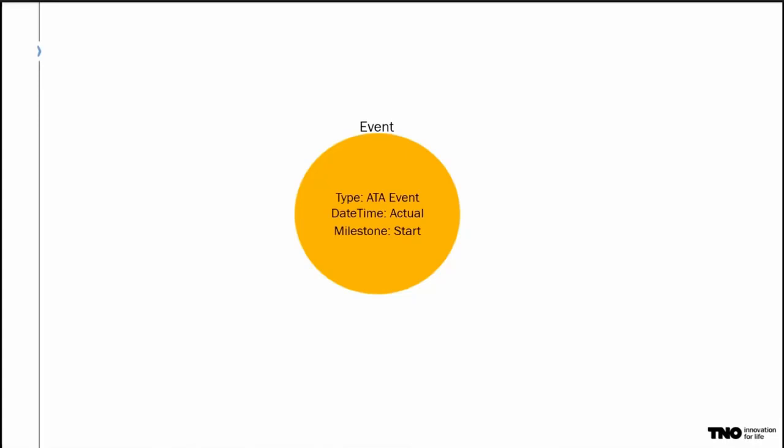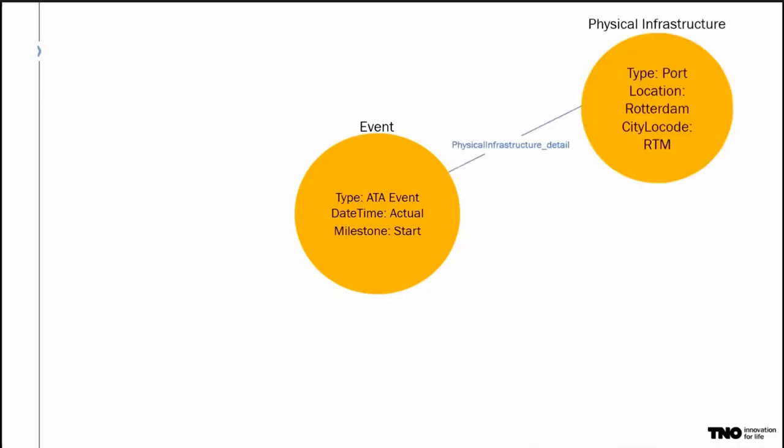But there are several objects in the domain that are associated with this kind of event. And first of all, that is the actual location. So, for example, it may be an event that at that time something will arrive at the port of Rotterdam.